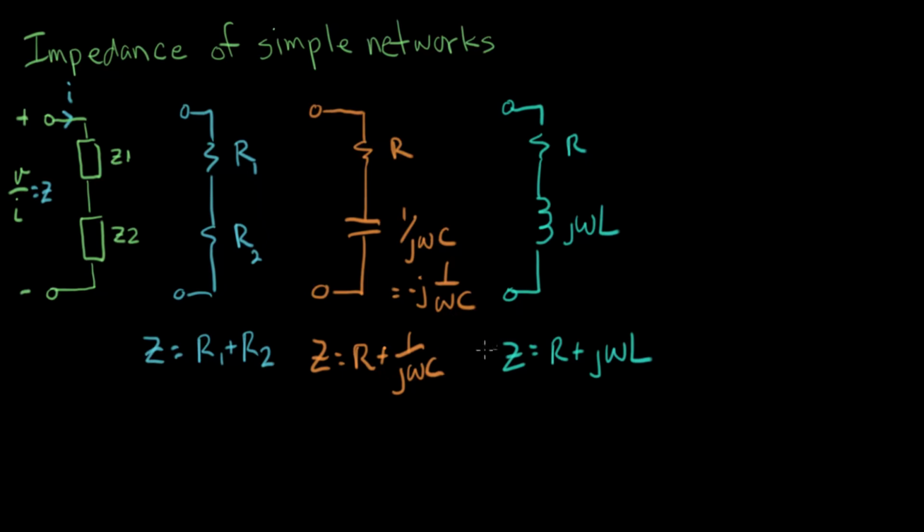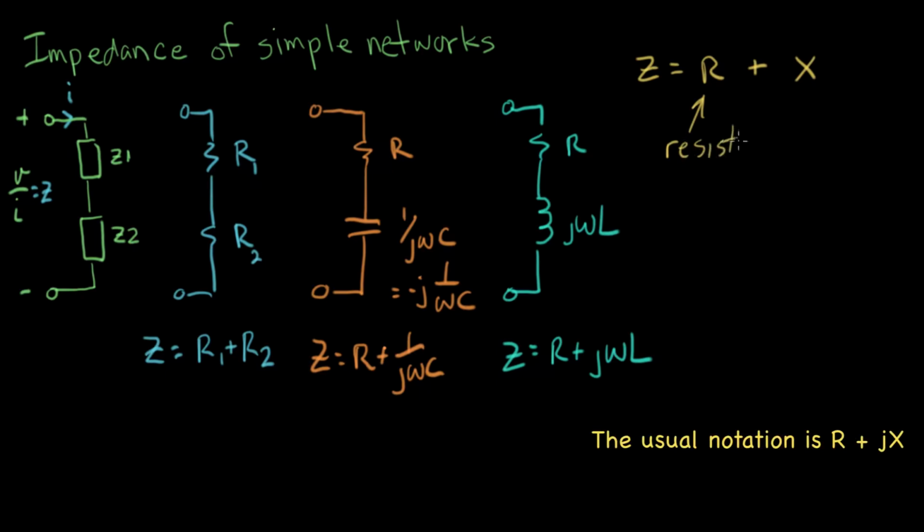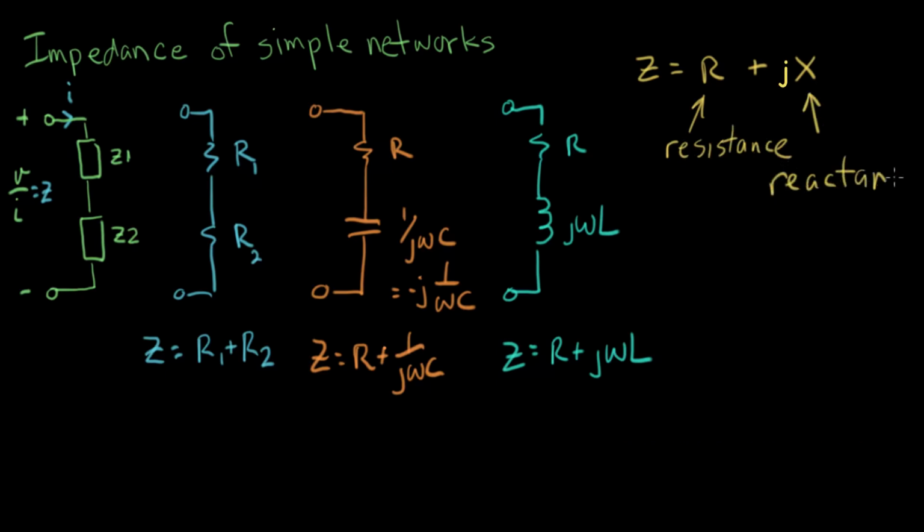So the way we write an impedance in general as a rectangular complex number is we say Z equals R plus, and the letter we use is X. Now, R is the resistance. And X, the name for X in general is reactance. X is the imaginary part of an impedance, and that's referred to as the reactance.